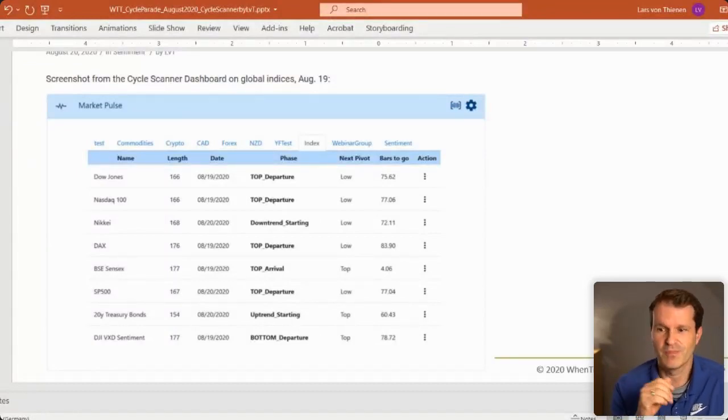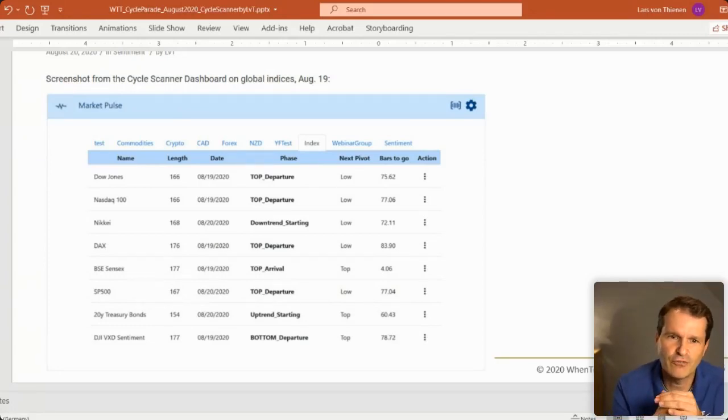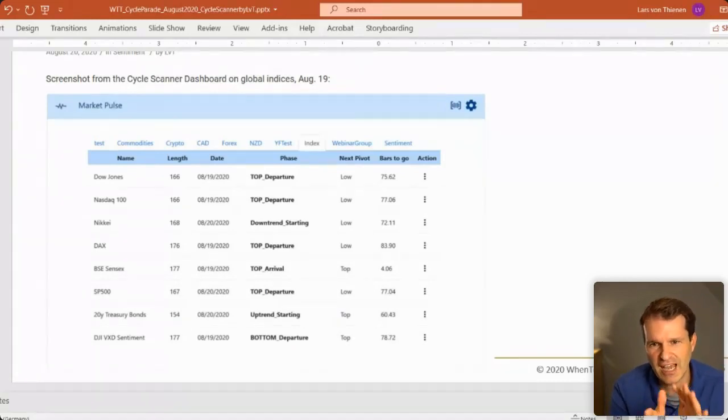But this is what Dewey told us in the 1970s already: look out for the cyclosynchrony. This was the point in time, around mid-August, end of August, why I went out to a lot of media and also sessions to talk about this cycle with the 170.